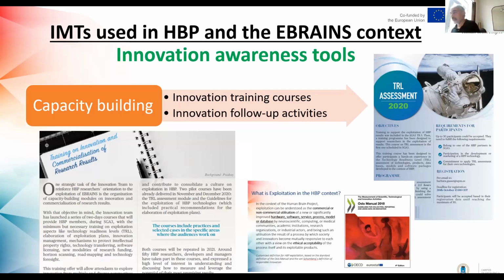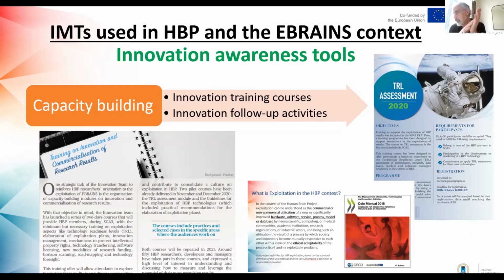Capacity building consists of training courses and some innovation follow-up activities. As you can see there, we have already delivered 3 courses. One of them was the TRL, Technology Readiness Level Assessment, last year.